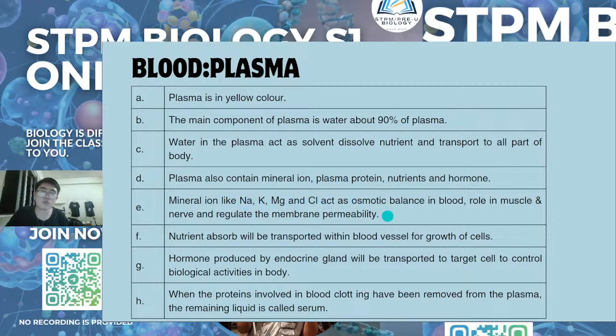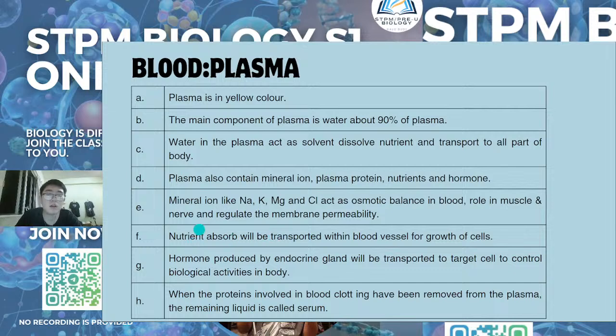They act to maintain osmotic balance in the blood, and also have a role in muscle, like the calcium ion, and in nerves, and regulate the permeability. So sodium, potassium, and nerve function, all of this.